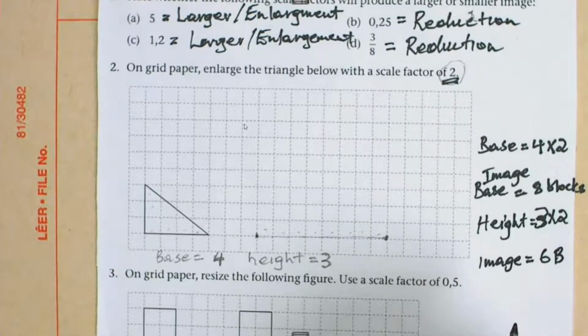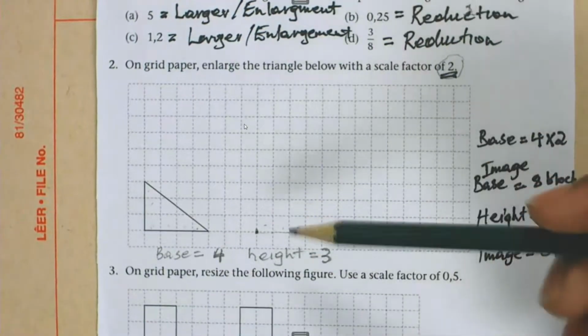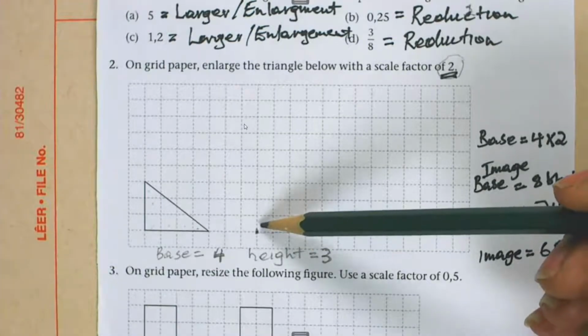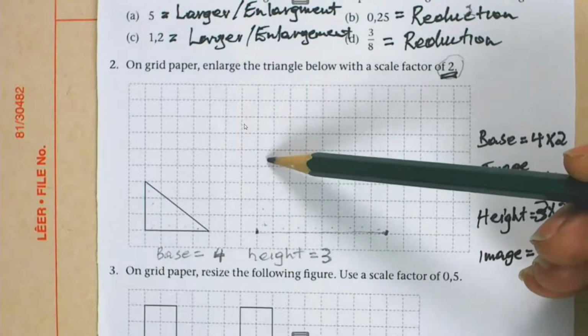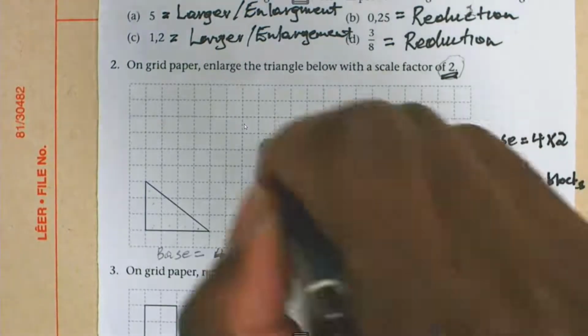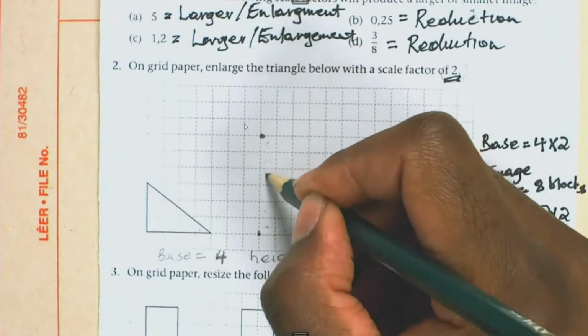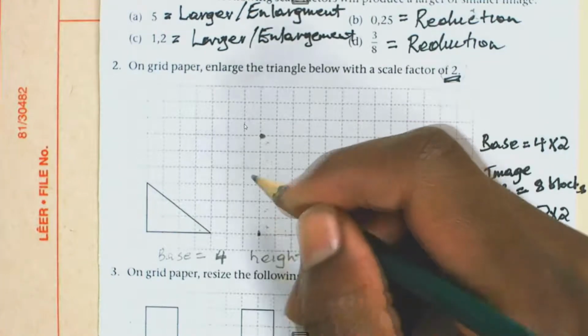Be there for 6 blocks, guys. Now, counting my height, I'm going to start here, 1, 2, 3, 4, 5, 6. Therefore, my height will end here. So it's 6 blocks.